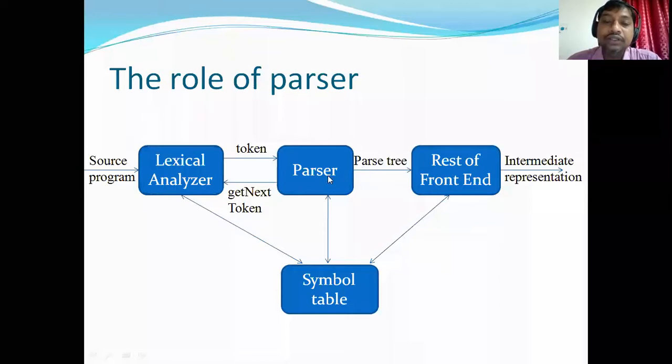Okay, so from this diagram you can observe that parser will take the input from the lexical analyzer and it will produce the output. Okay, that output will in turn be the input for the rest of the front end process. The rest of the front end process is the semantic analyzer. Okay, so parser will sit in between the lexical analyzer and the semantic analyzer in our phases of compilation, right?